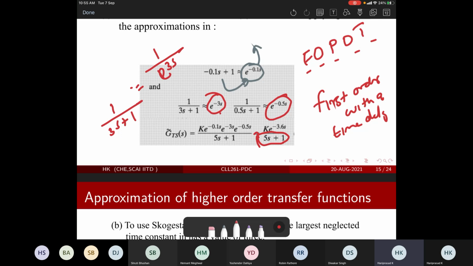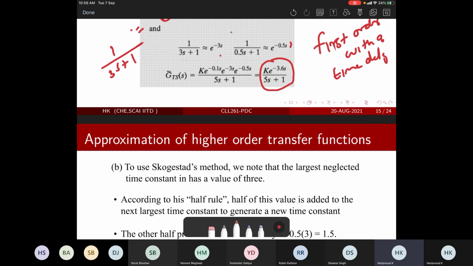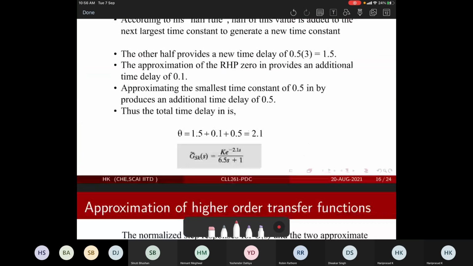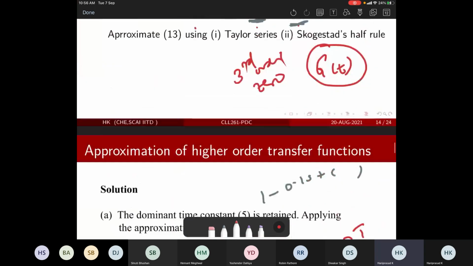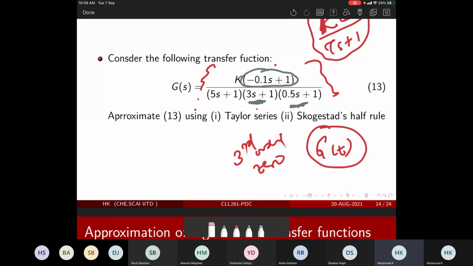Originally there was no time delay in the system. Now it would be 3.5 plus 0.1, 3.6. So the modified transfer function is this, okay, k e times, let's write this adjacent to this.